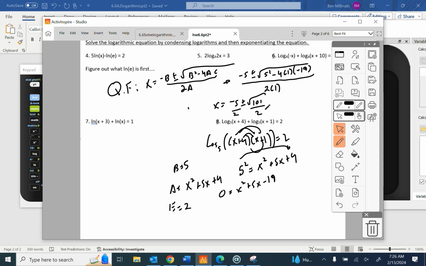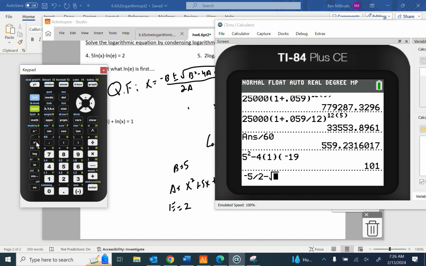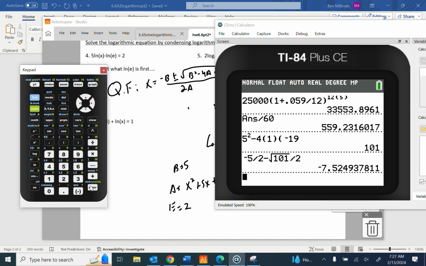So now I am going to check for the extraneous and the real. I'm pretty sure the negative 5 minus root 101 over 2 doesn't work. Notice how I'm typing. It's going to be that decimal, negative 7.52.